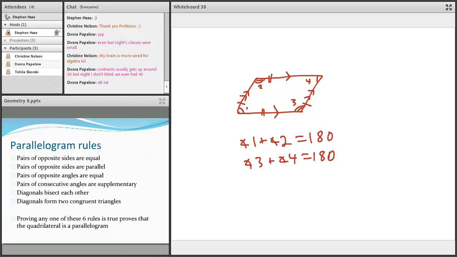Okay. Another property: the diagonals bisect each other. So if I have one diagonal here and one diagonal here, that means this side is equal to this, and this is equal to this. It also means two congruent triangles.